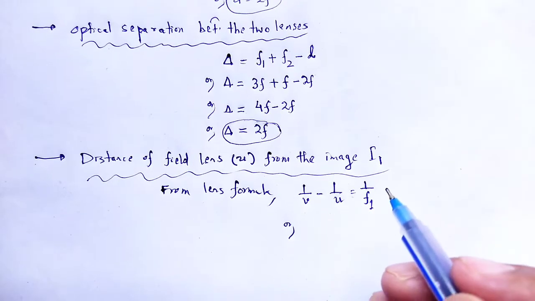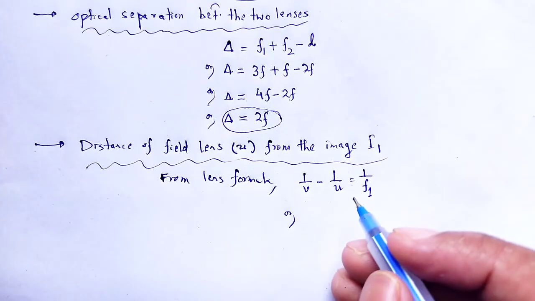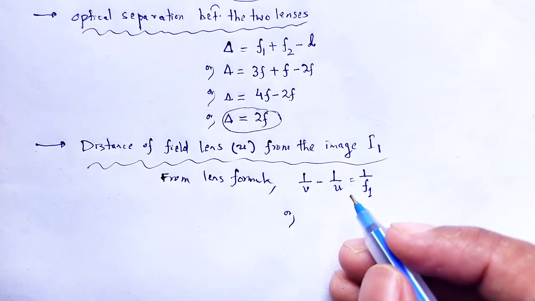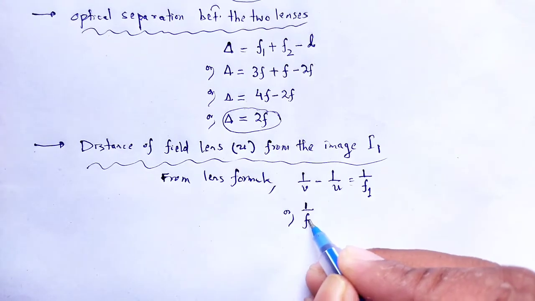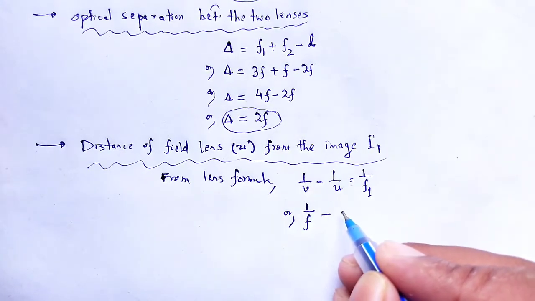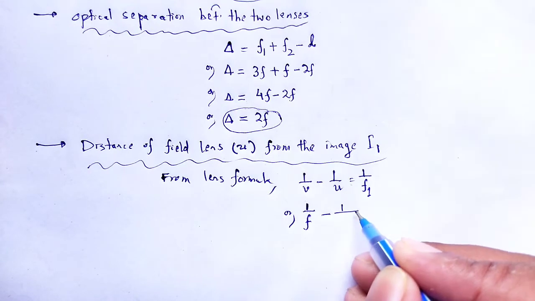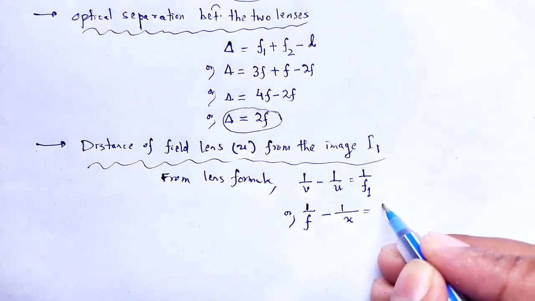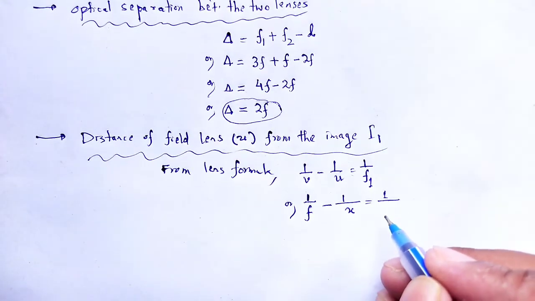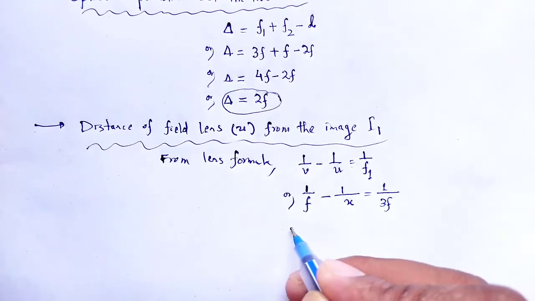Again using the proper sign convention, v, that is the focal length f, u, that is to be calculated, and f1, that is 3f.